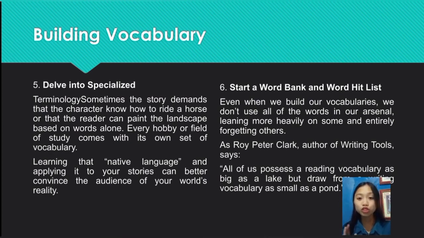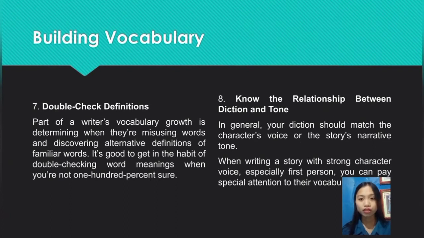Next, we need to double check definitions. Okay, double check definitions means that part of a writer's vocabulary growth is determining when they're misusing words and discovering alternative definitions of familiar words. So it's good to get in the habit of double checking word meanings when you're not 100% sure.